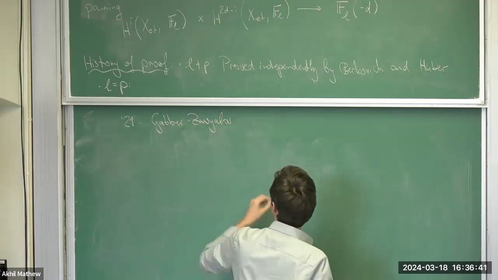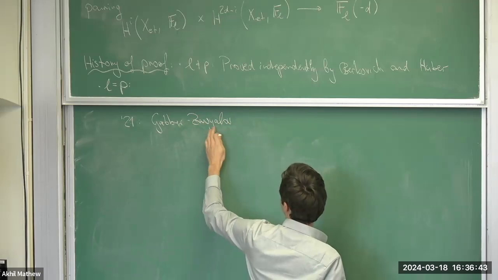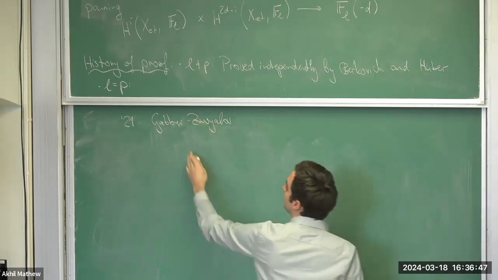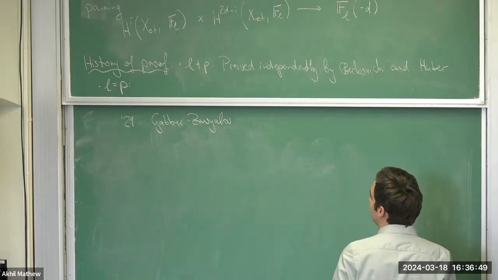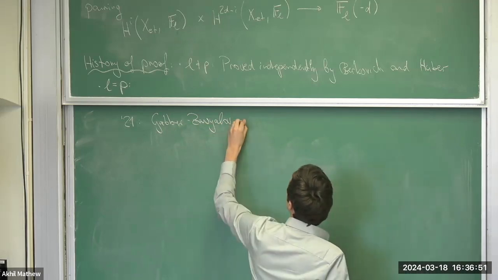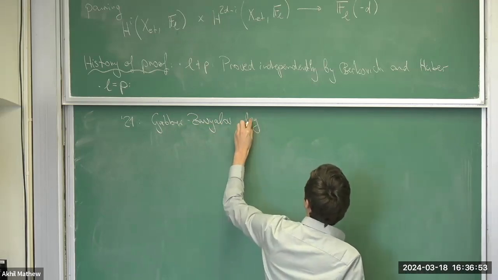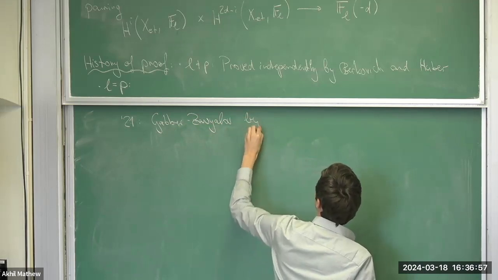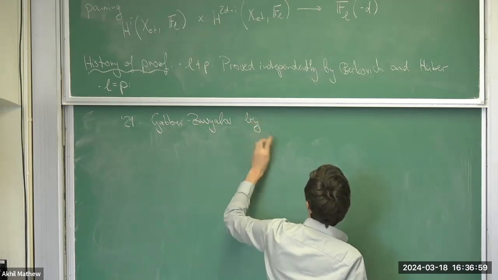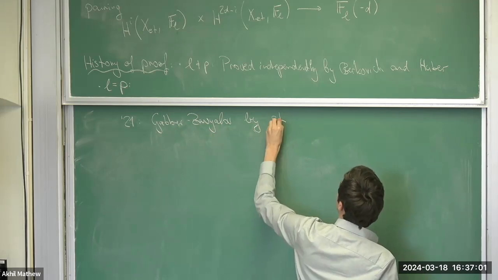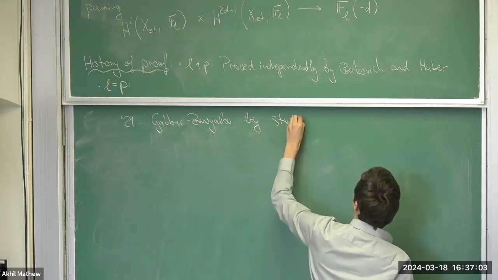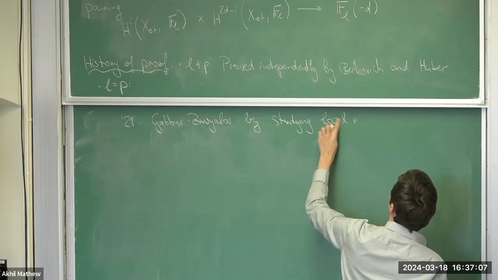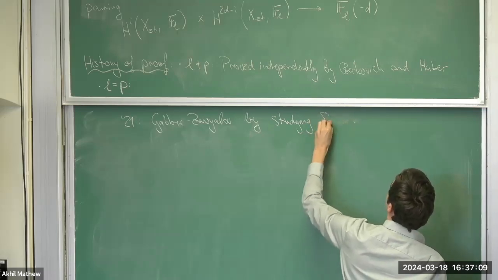This is part of Daniel's thesis, but based on previous ideas by Gamma. And the proof goes by studying local models, formal models of these things.